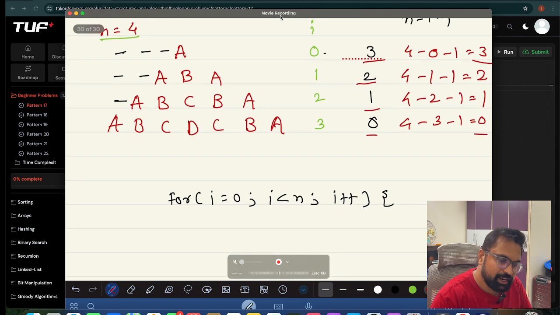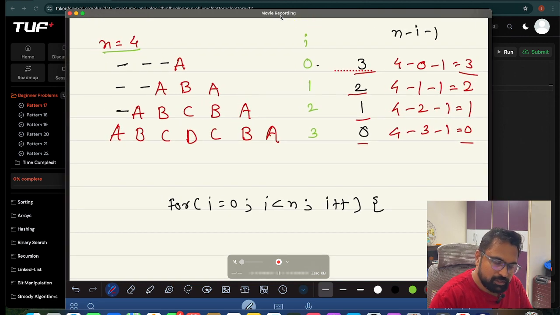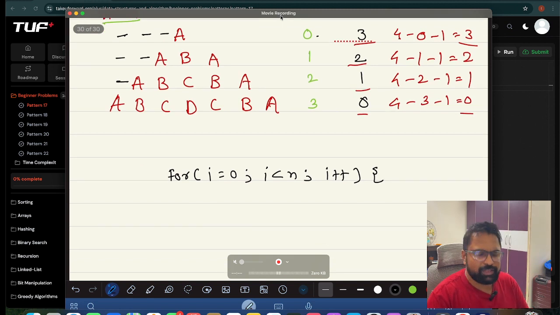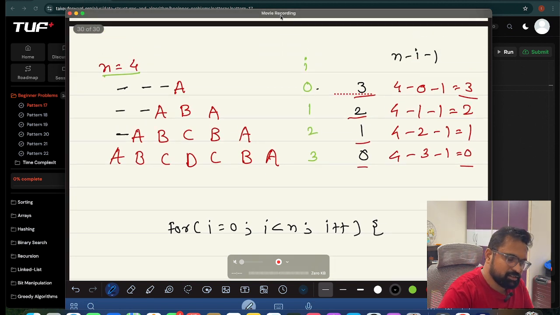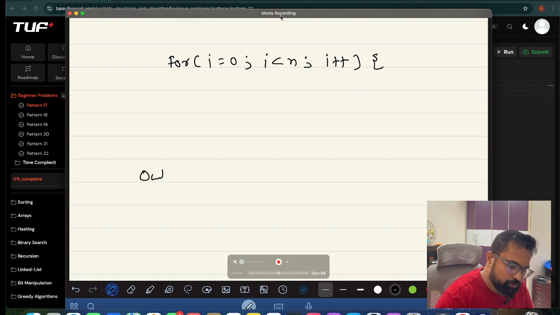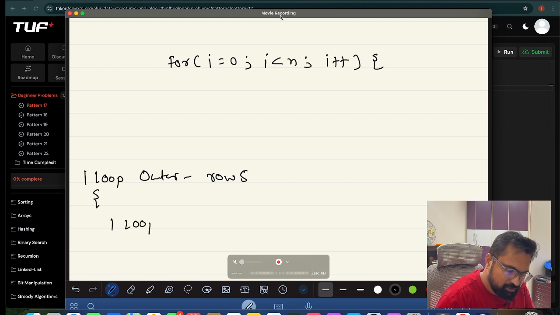Okay, so we'll write our formula for this in the second for loop and the last for loop. Since this is a problem where the outer loop will define the number of rows, then inside that, the first inner loop will define your spaces.